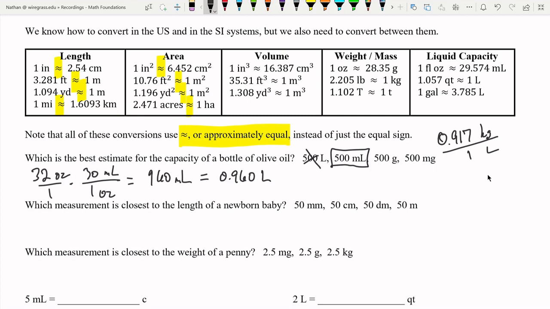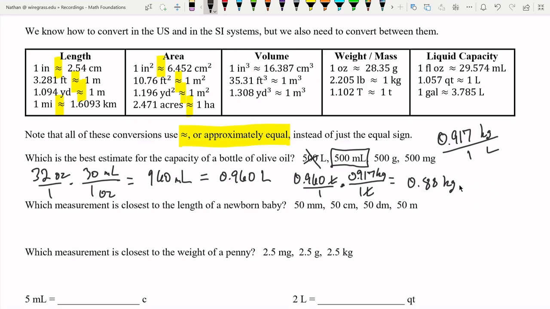So we can convert from liters to kilograms, right? We can do 0.960 liters and use this conversion here, which is going to be 0.917 kilograms per 1 liter. Those cancel. And we're going to get approximately 0.88 kilograms of olive oil.